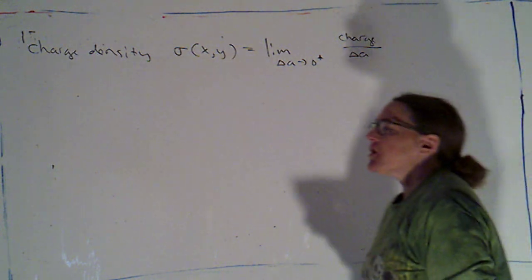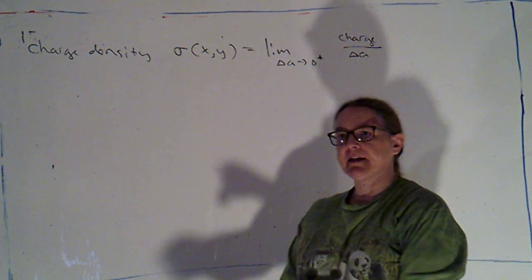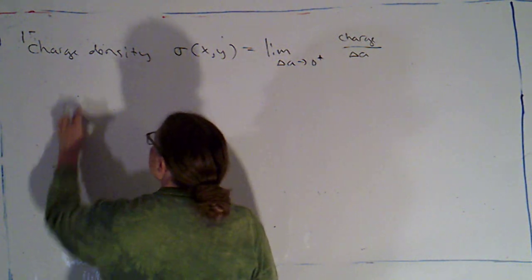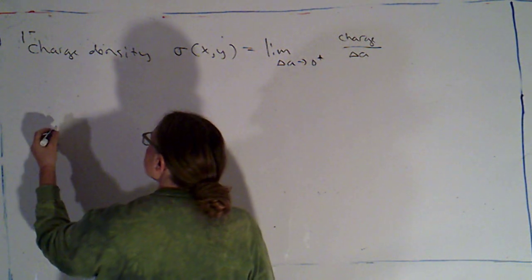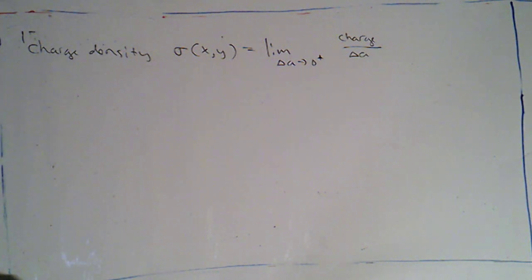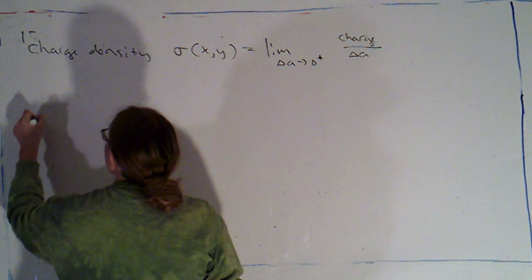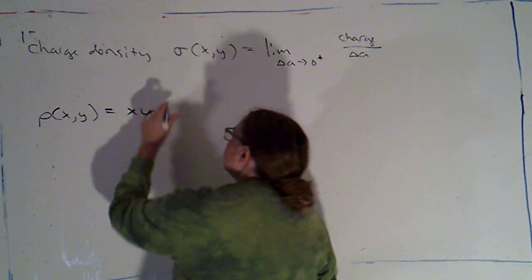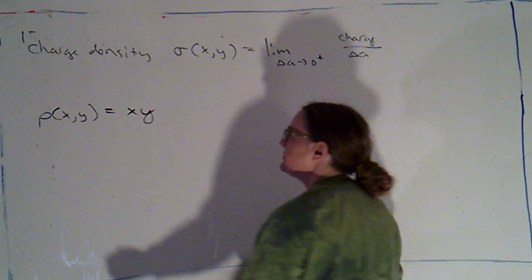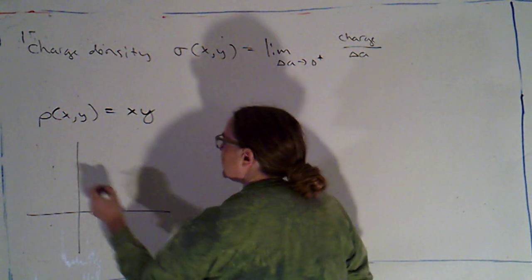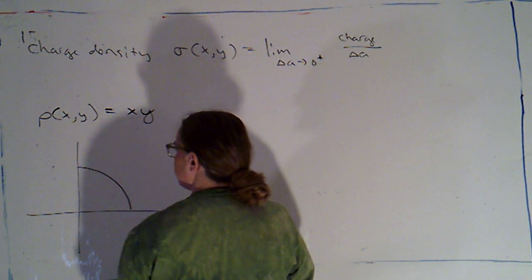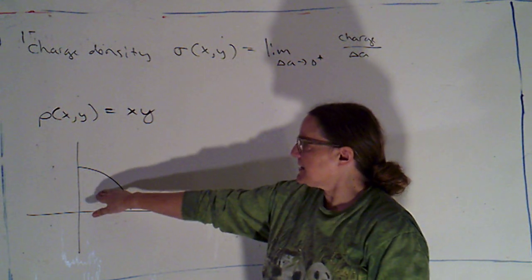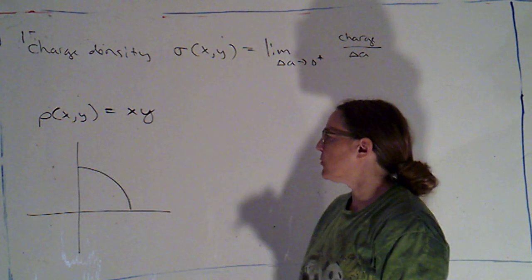Okay, so one application of double integrals is this. Let's suppose that I have a density function rho of xy equals xy, and my lamina happens to be the quarter of the unit disk that's located in quadrant 1.